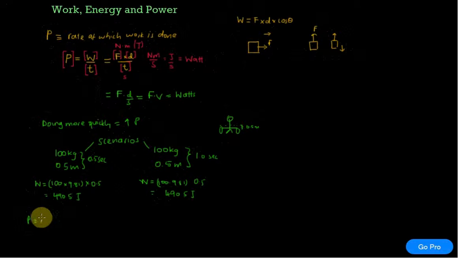So again, it's defined as work over time. So in this case, it's 490.5 divided by 0.5, which is going to give me 981 watts that person will generate in that period of time. In this case, I again also want to calculate how much power this person generates. That's 490.5 divided by the 1 second, which stays 490.5 watts.